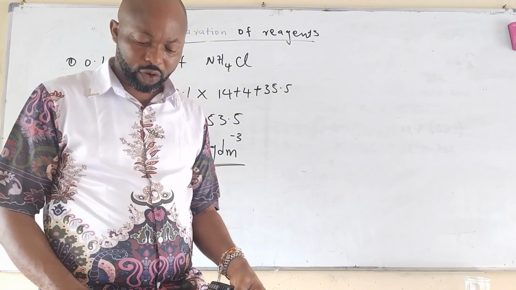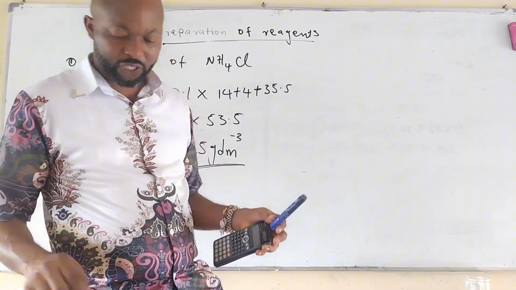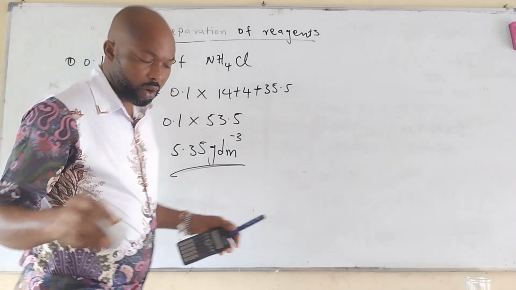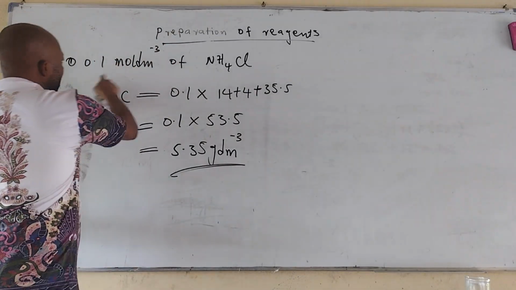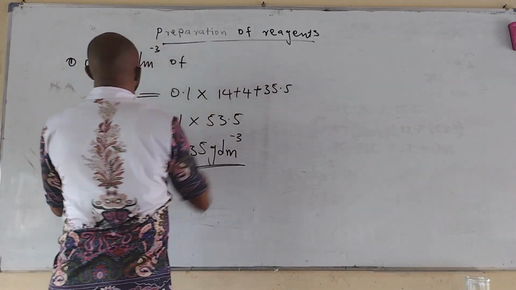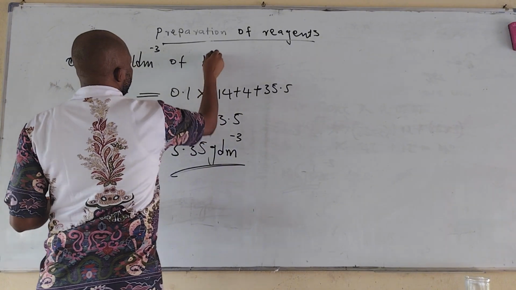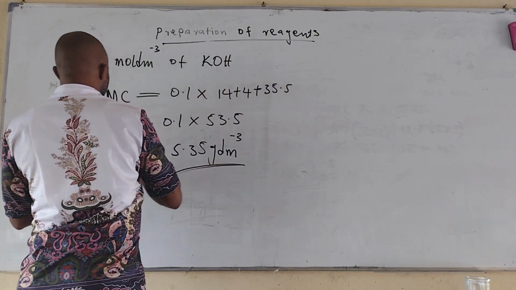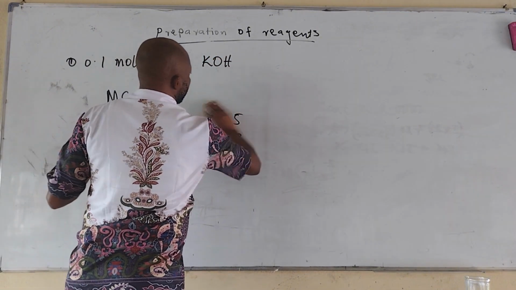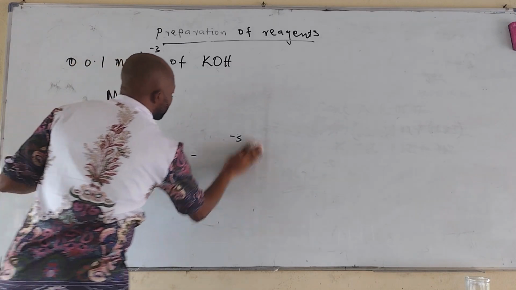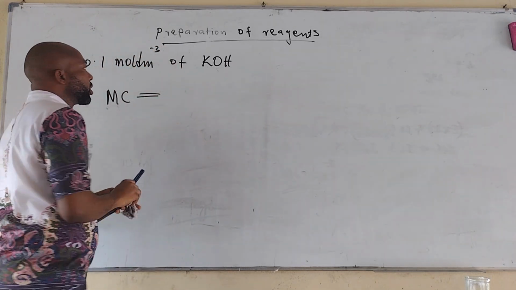Alright, let's prepare 0.1 mole per dm³ of potassium hydroxide. The same principle goes.